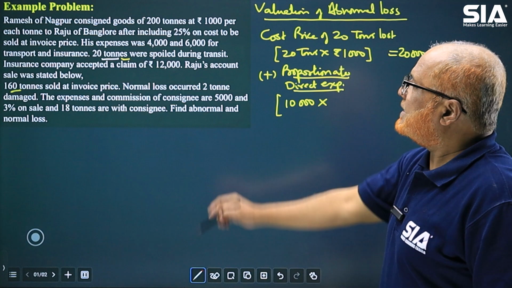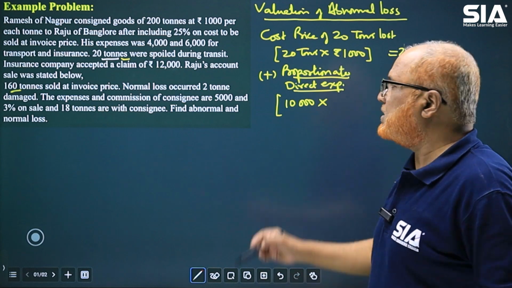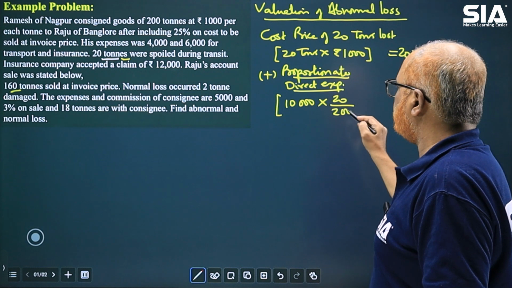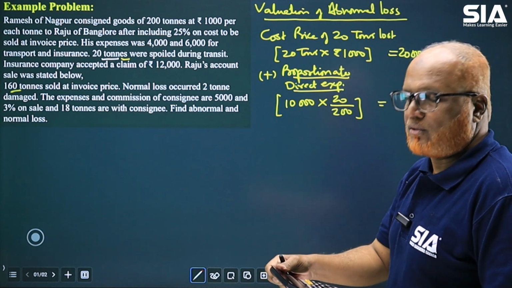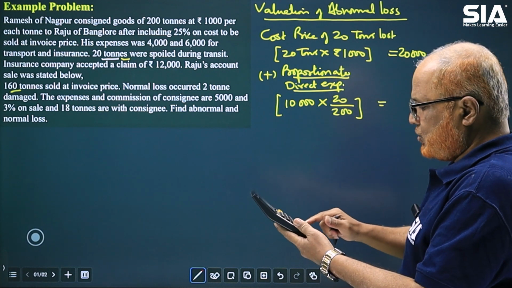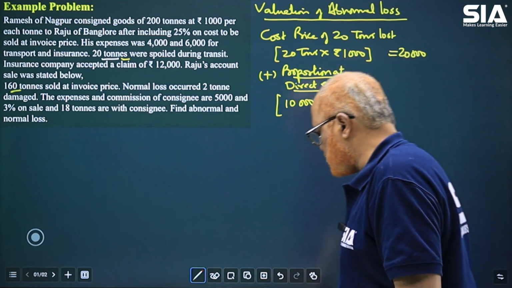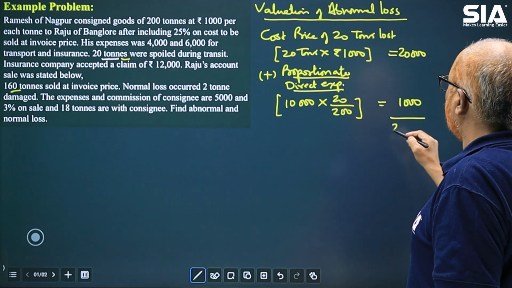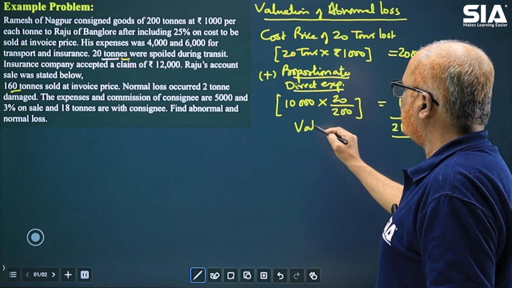How many units has he sent? 200 tons he has sent. How many tons are lost in transit? 20. So 20 out of 200. So 10,000 into 20 divided by 200 comes to 1,000. So 21,000.